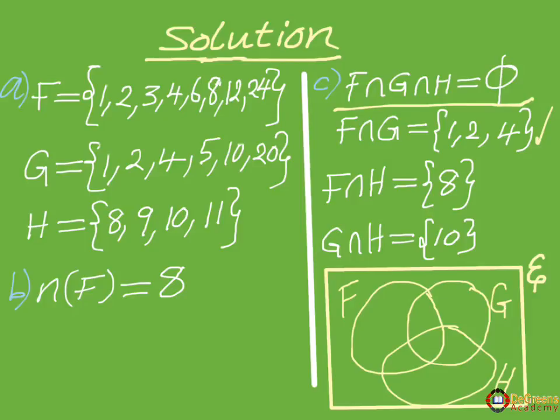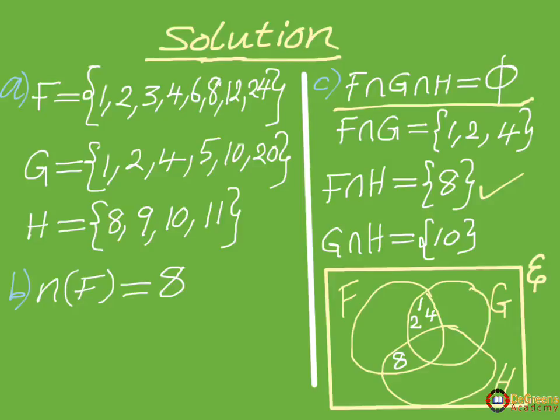So in the region for F and G, look how the circles cut through each other. Seeing there are no elements in the intersection of all three sets, 1, 2, 4 go in that region, as shown in the diagram. Now take the next, which is F intersection H. Discover that we have 8 as an element.